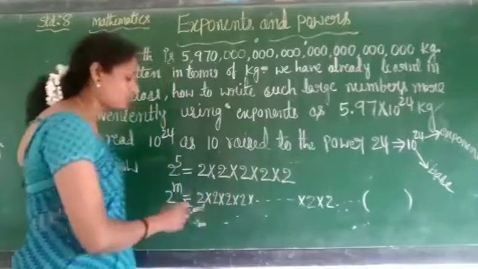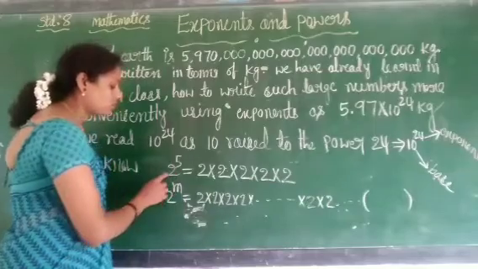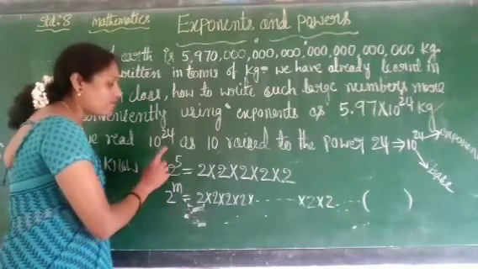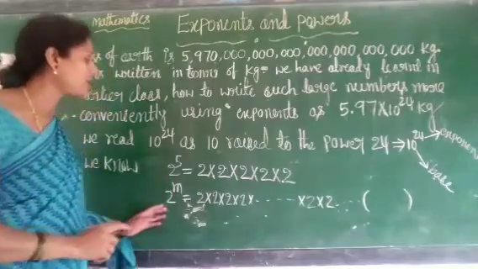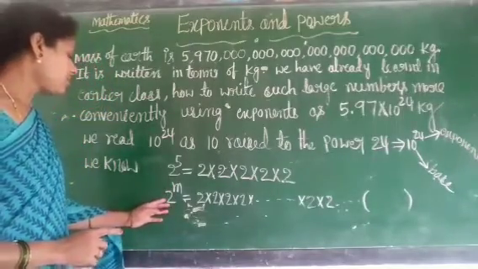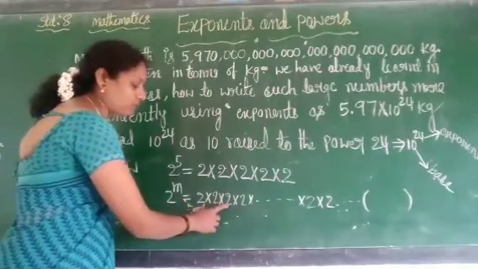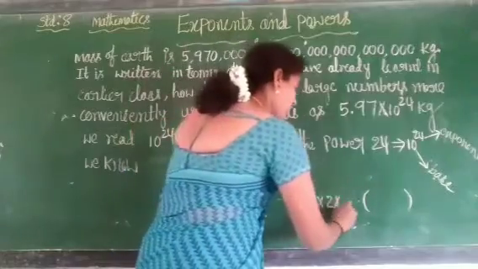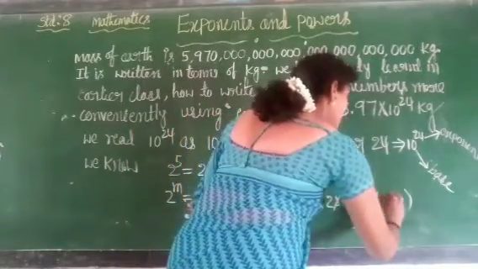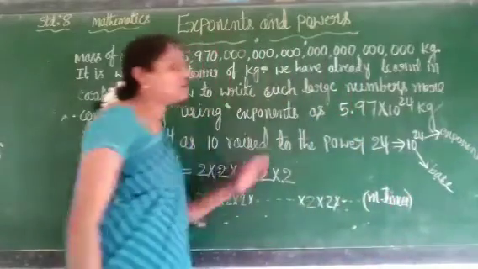How many times? 1, 2, 3, 4, 5, so 5 times. Similarly, 2 to the power m can be written as 2 into 2 into 2 up to m times. This is the basic idea.